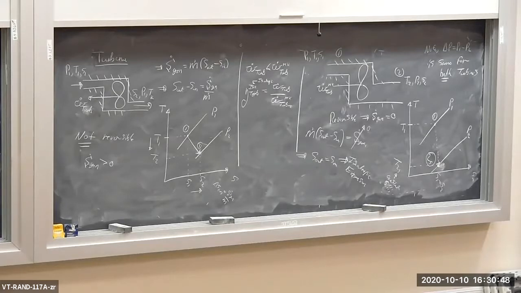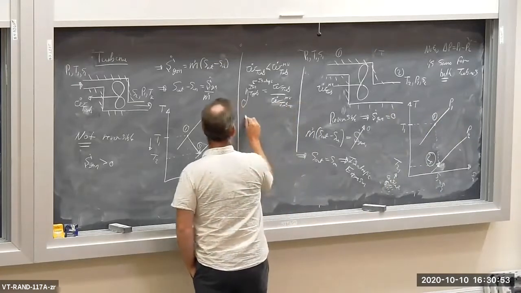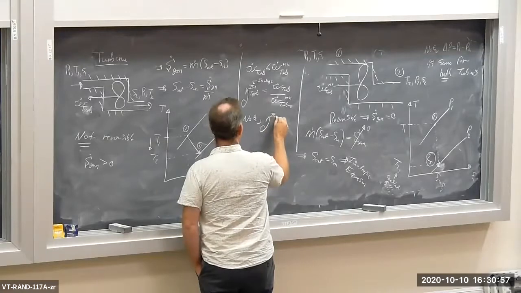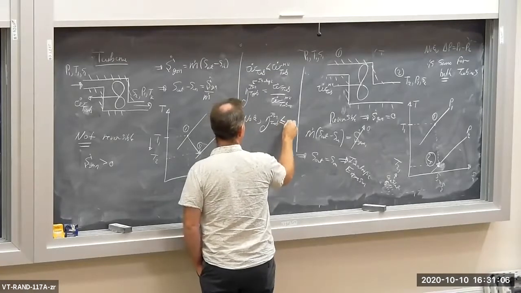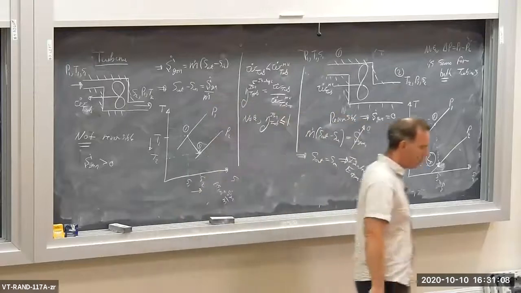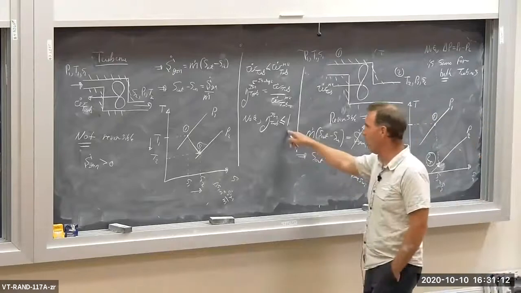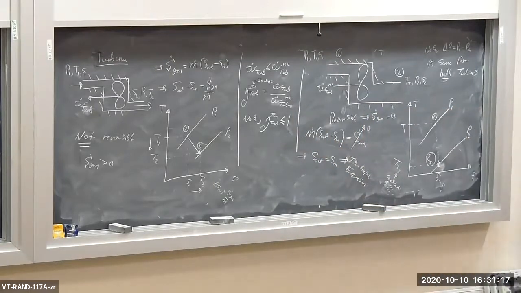Needless to say, the isentropic efficiency for a turbine is less than or equal to 1. If the efficiency is 100% or 1, we've got a reversible turbine. If the efficiency is less, we have an irreversible turbine.